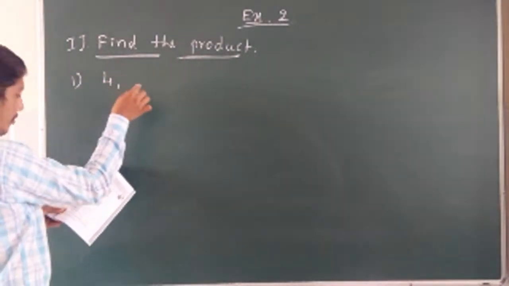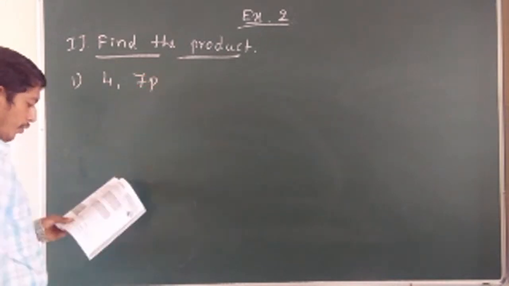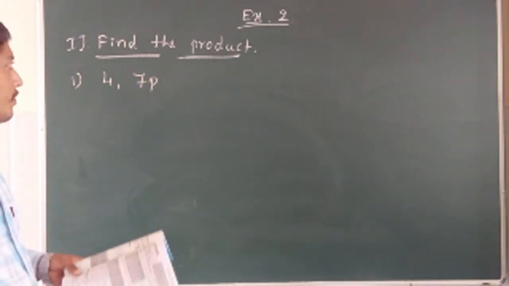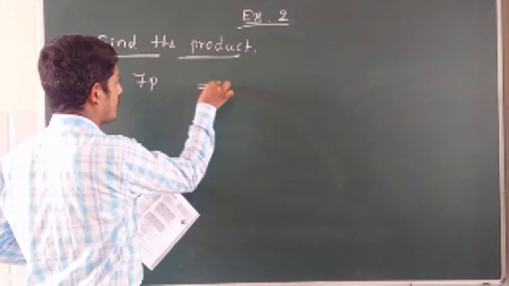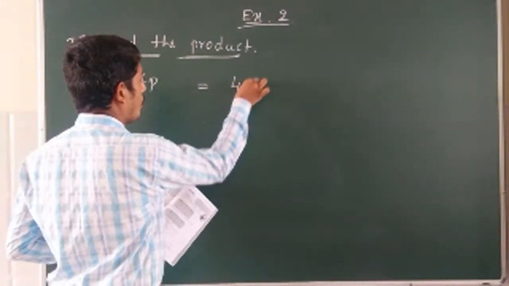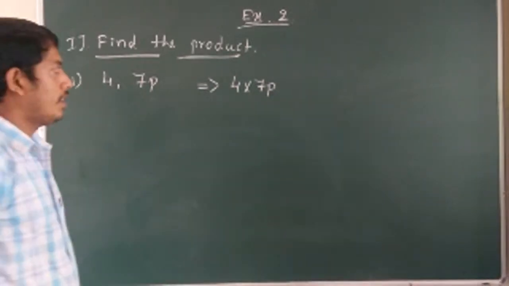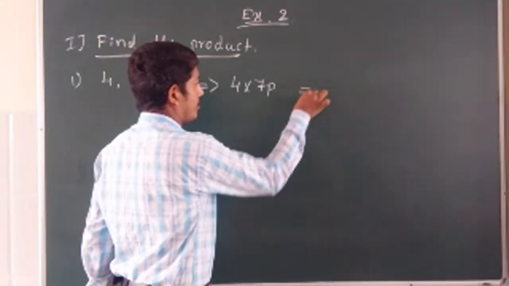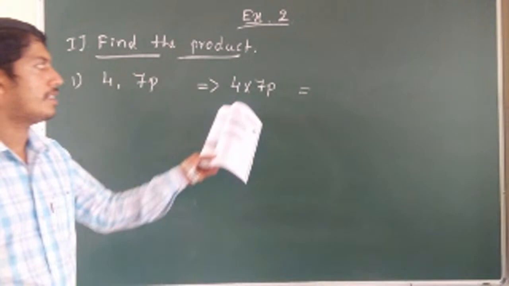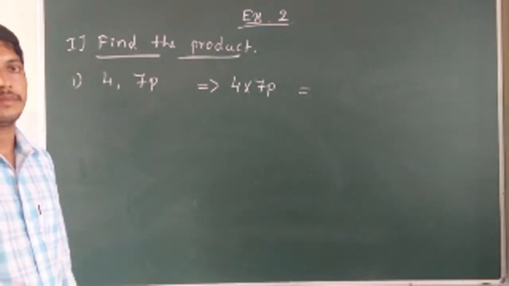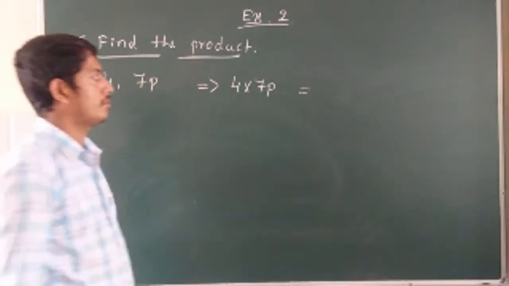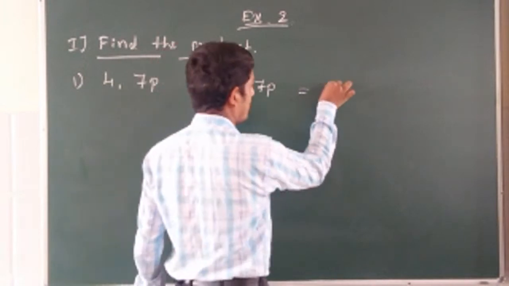4, 7p. So how can we write this? I'll write this as 4 into 7. How much? Tell me the answer fast. 4 into 7, 28.